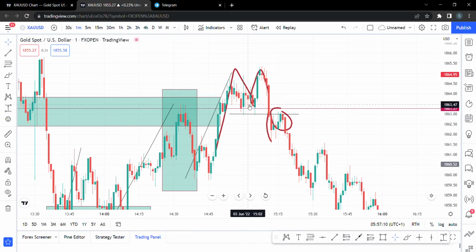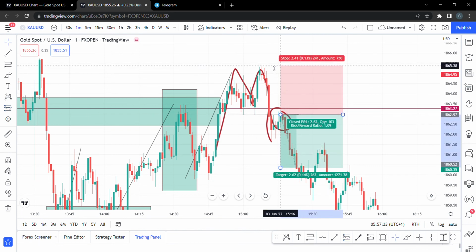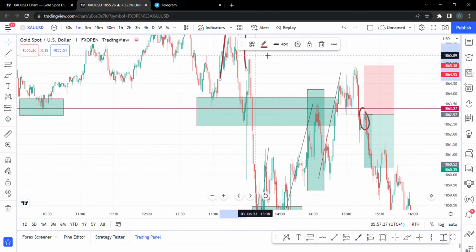Now normally I told you guys to put your stop losses here. Your entry should be here. If you're a beginner and you're testing out this strategy, your stop loss should be here and your target should be here. Sorry, there's a mistake.